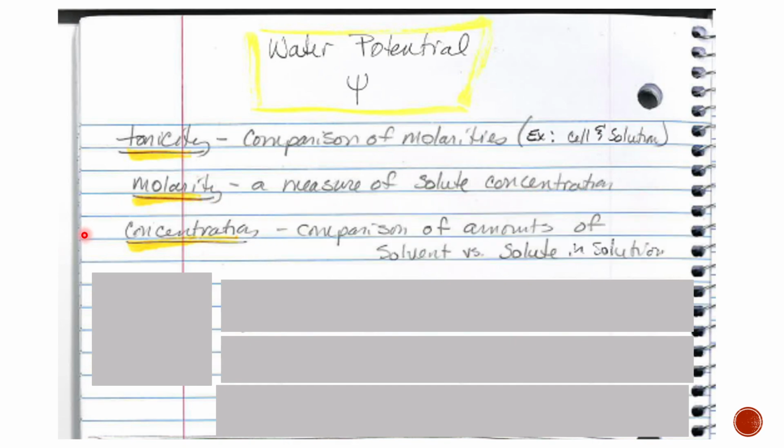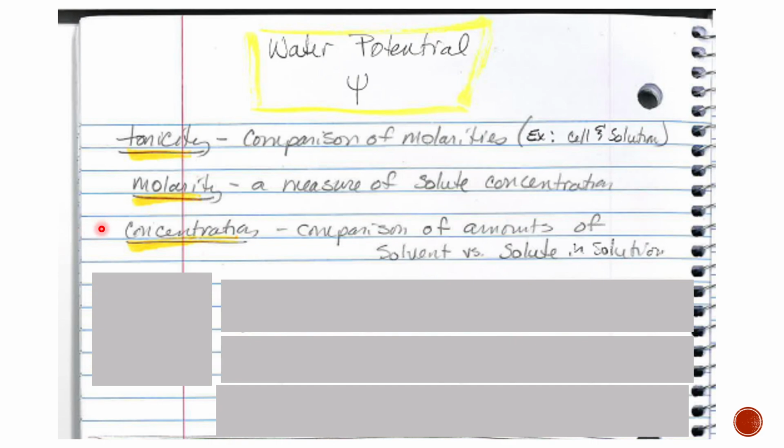Tonicity is comparison of molarities. So we're comparing the molarity of, say, a cell and the solution that it's in. Molarity is a measure of solute concentration. When we talk about concentrations of solutions, we are comparing the amounts of solvent versus solute in that solution.